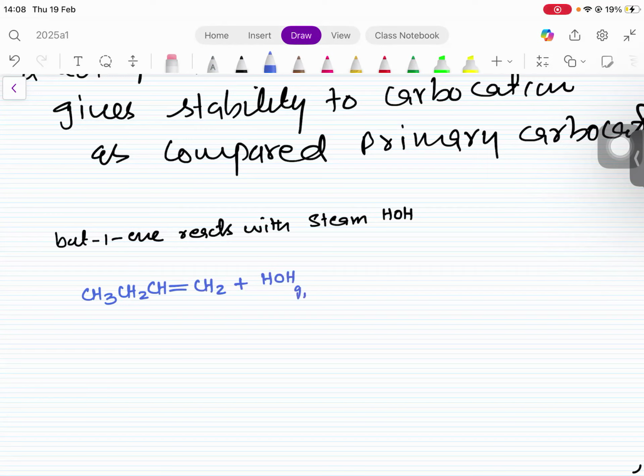This is steam. You know the conditions for this reaction are very strong. What are they? 350 degrees, 60 to 70 atm pressure, H3PO4 catalyst.